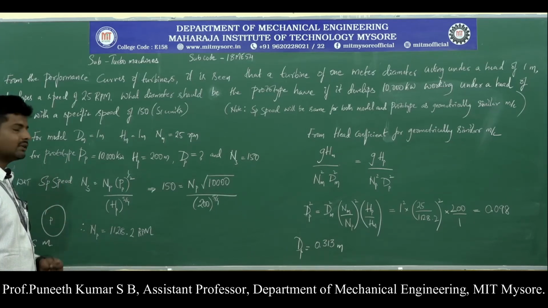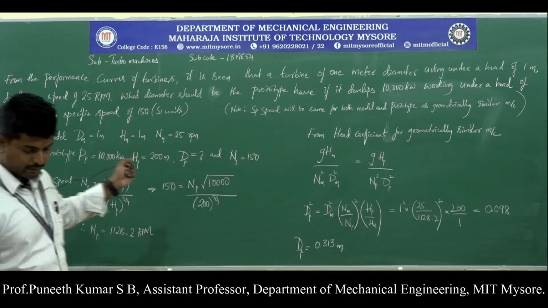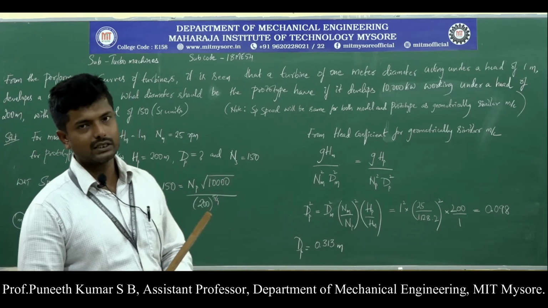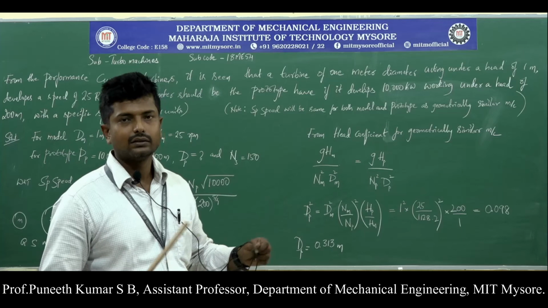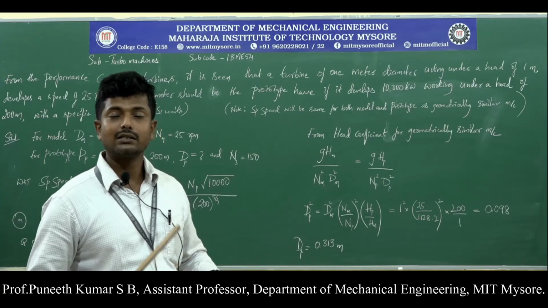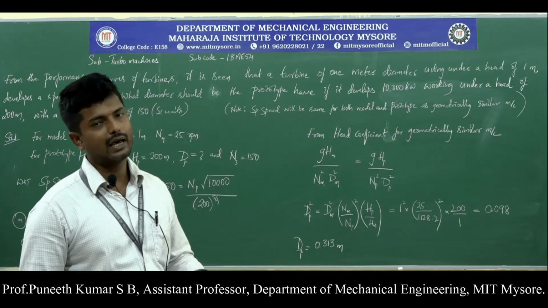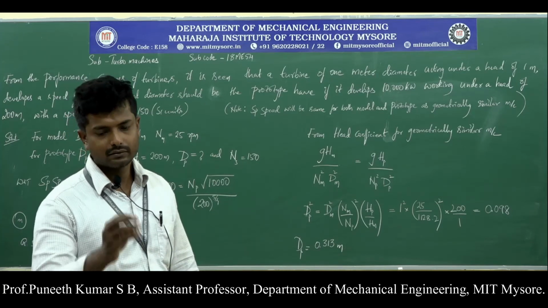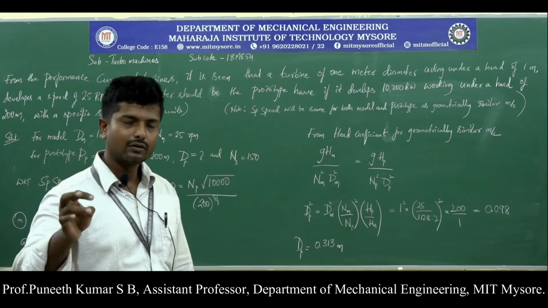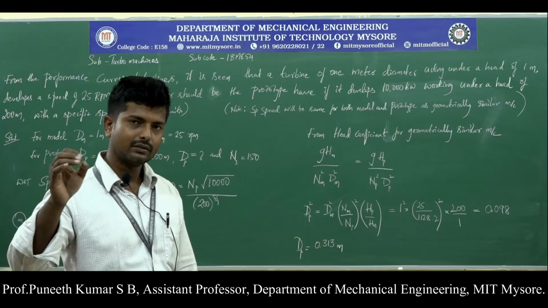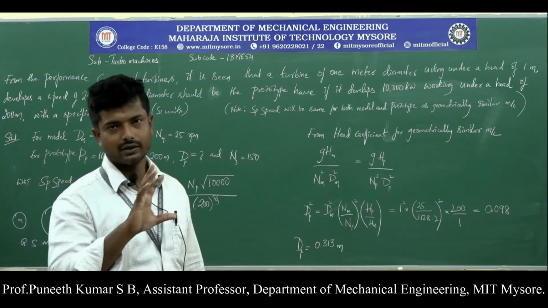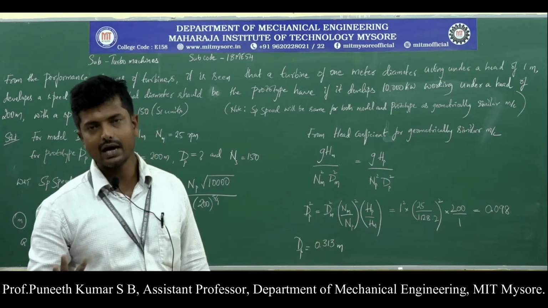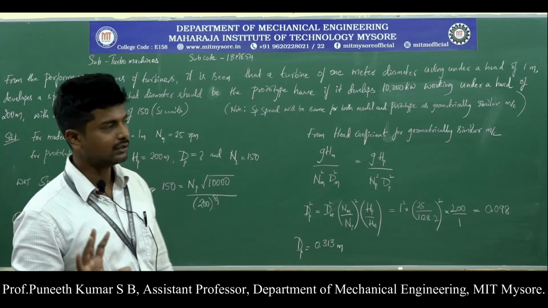Once we know that the model and prototype are geometrically similar, such machines will have the same flow coefficient, head coefficient and power coefficient. Even though the machines are different, they are similar to each other.